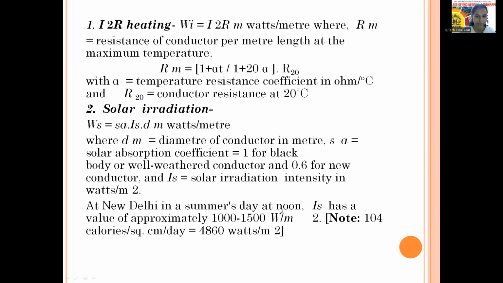At New Delhi on summer days at noon, it has a value of approximately 1000 to 1500 watts per meter square, and calories per square centimeter per day is also given. This is given in general.